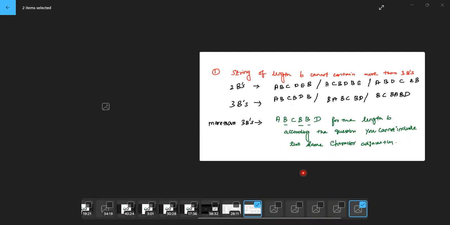I told you why, because it fails to meet the Bowman string condition. So we do have 224 and 1548, which gives you 1772 Bowman strings of length 6 that contain more than 1 B. So for more than 1 B, you are choosing exactly 2 B's and exactly 3 B's. Okay, that's it.